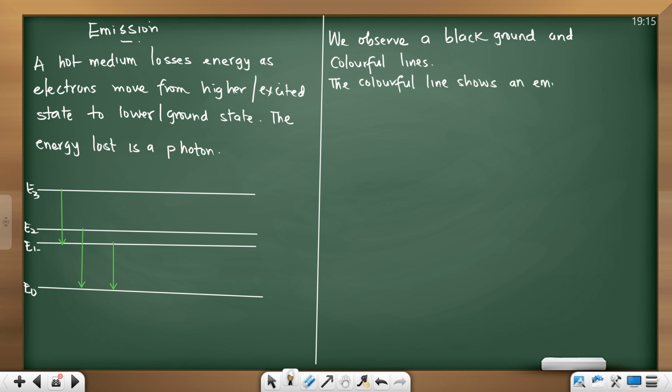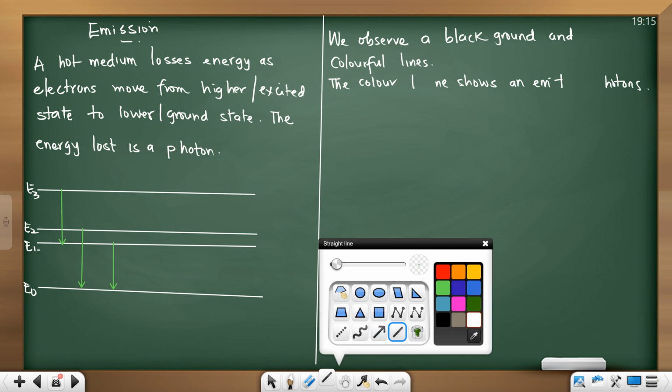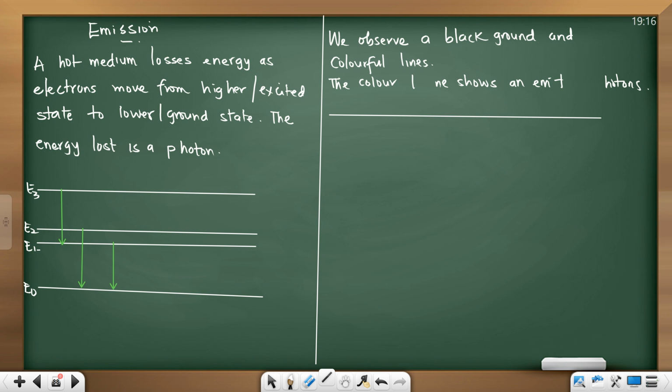Shows an emitted photon. Hence, we talk about what? Emission spectrum. Now, application. The colorful line shows an emitted photon.